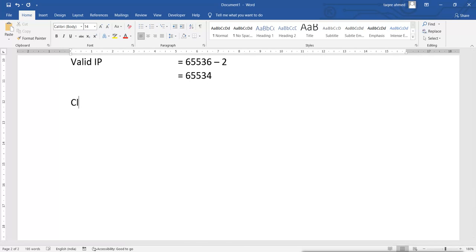So they created class C for them. Remember class B ends on 191, so class C starts from 192 and goes up to 223.